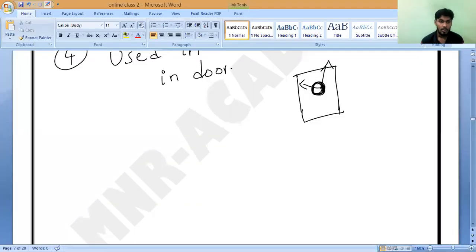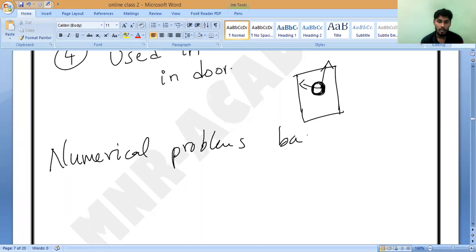You can keep heading numerical problems based on convex and concave lenses.